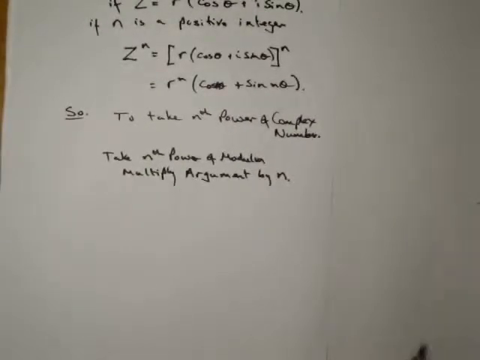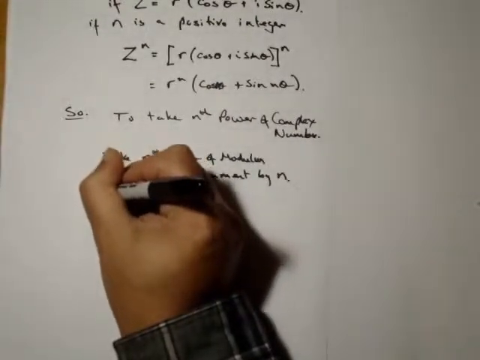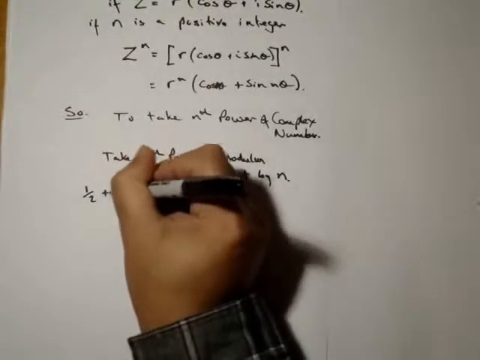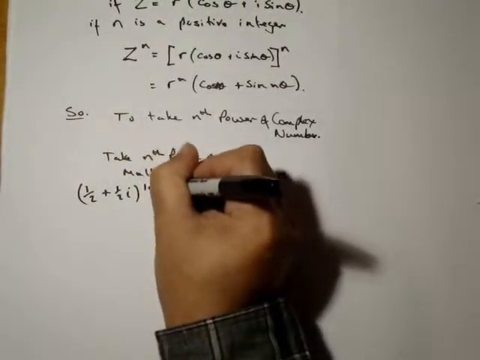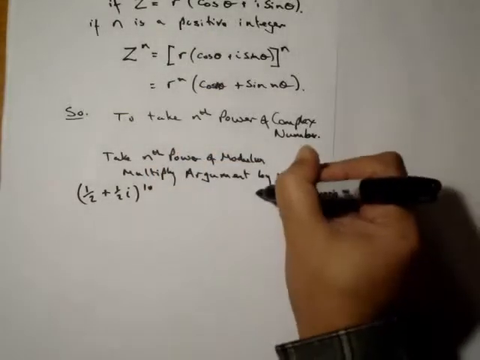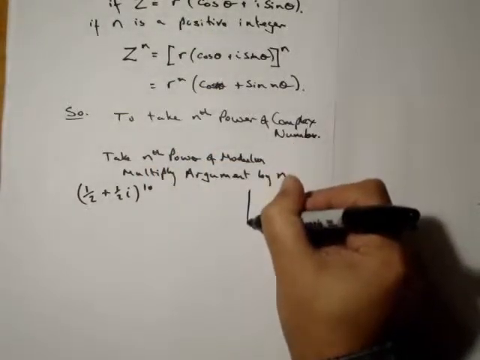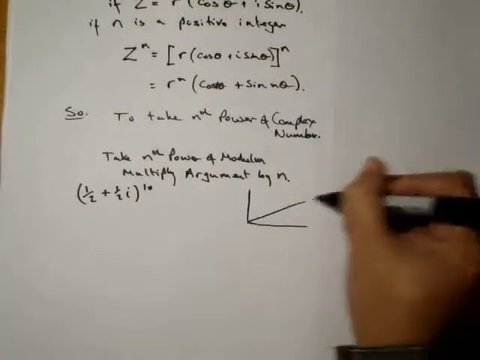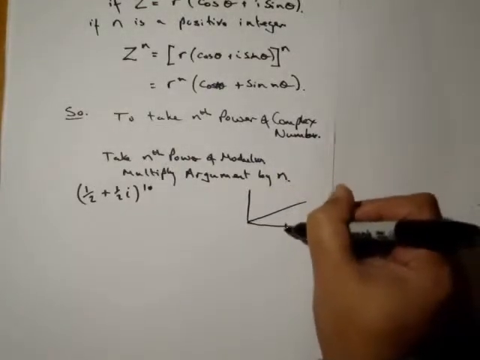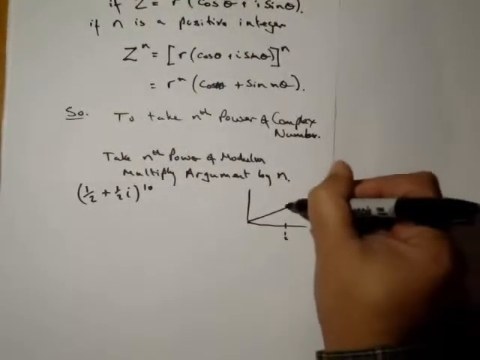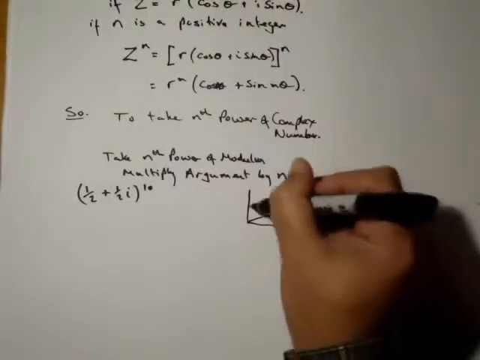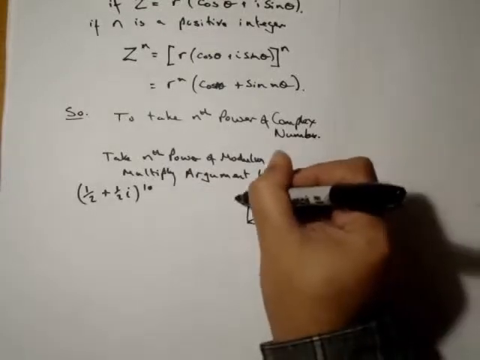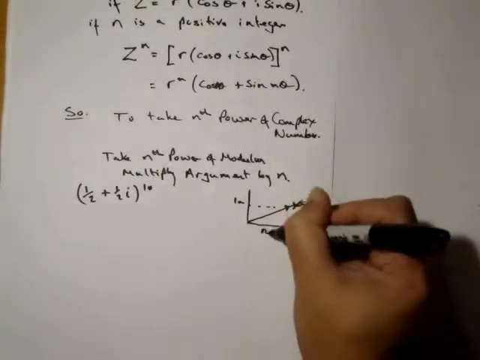So if we have a half plus a half i to the power 10. So drawing this on an Argand diagram, we'd have a half, and then this would stop here at a half on the imaginary axis. This would be the real axis.